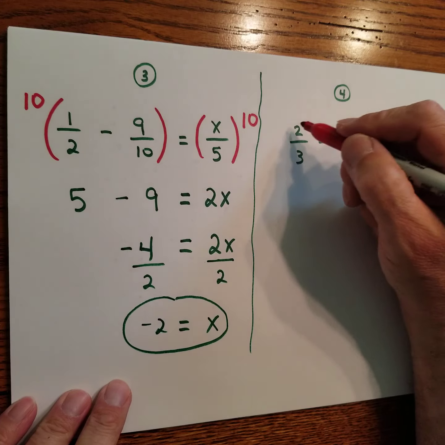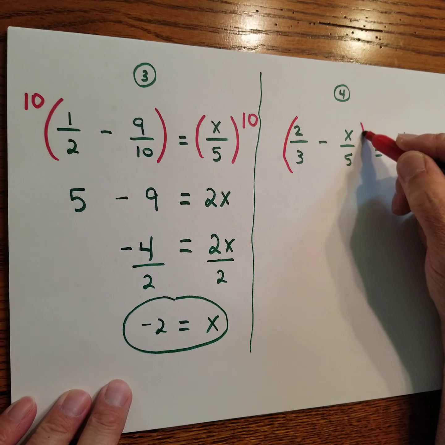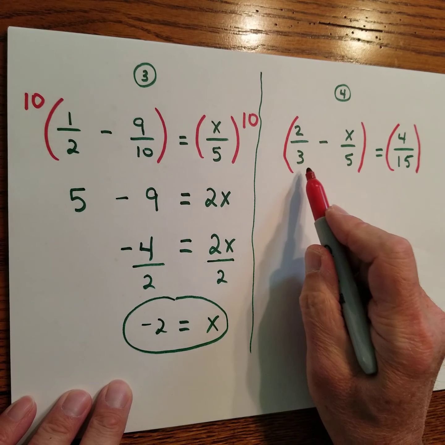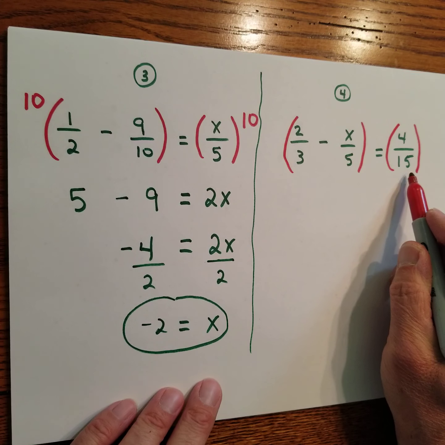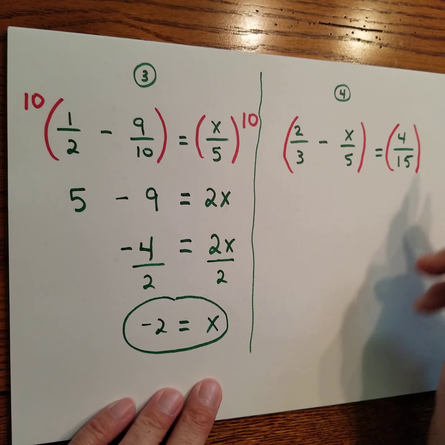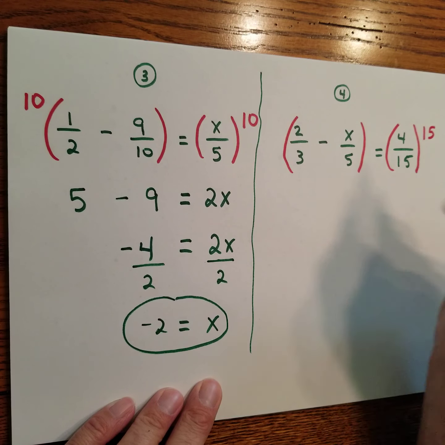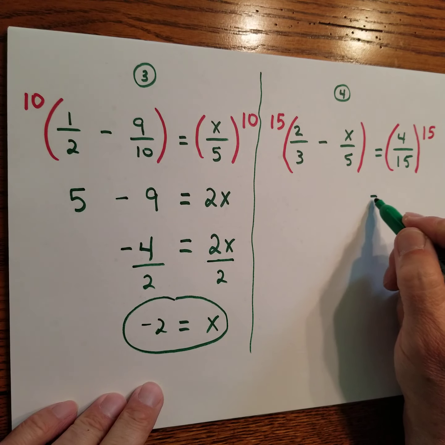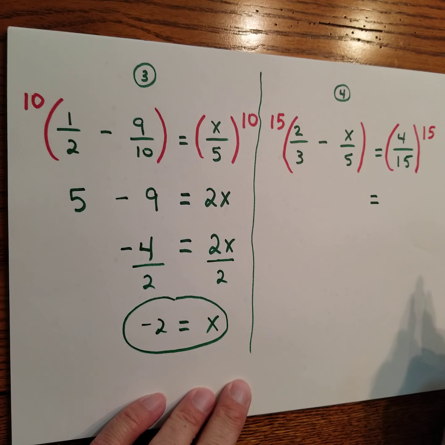It's an equation with fractions, so we'll multiply both sides by a common denominator. A number that 3, 5, and 15 all divide into, well, 3 divides into 15, 5 divides into 15. 15 makes a fine common denominator. Now use our trick.